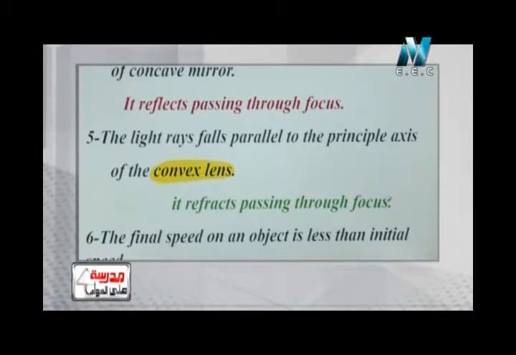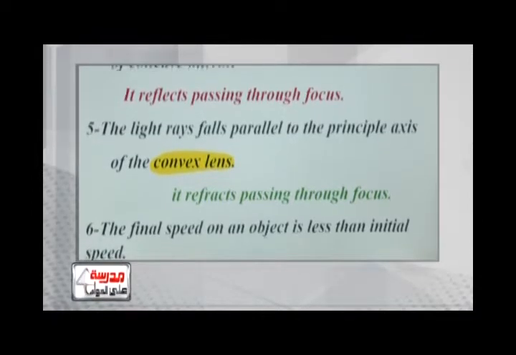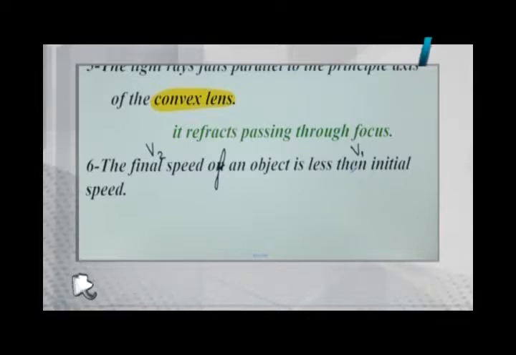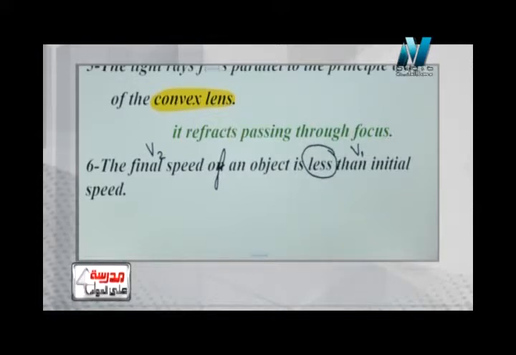Okay. Number 6. What happens if the final speed of an object is less than initial speed? طبعا we have final speed v2 and we have initial speed v1. If v2 is less than v1, so we have kind of acceleration here. Yes, so the body will move with what?